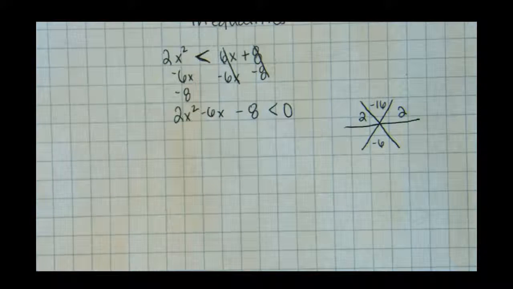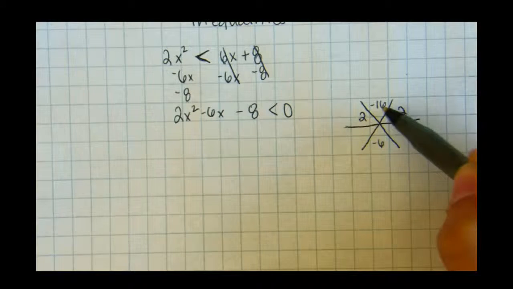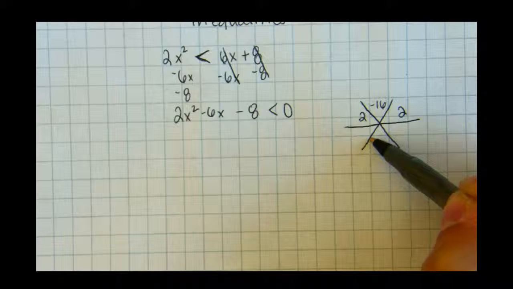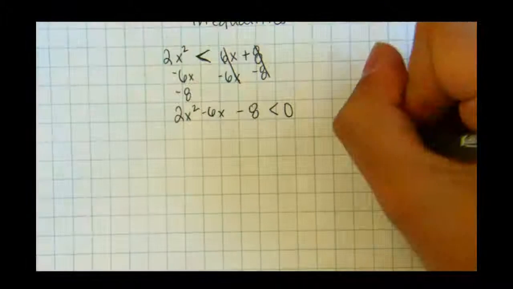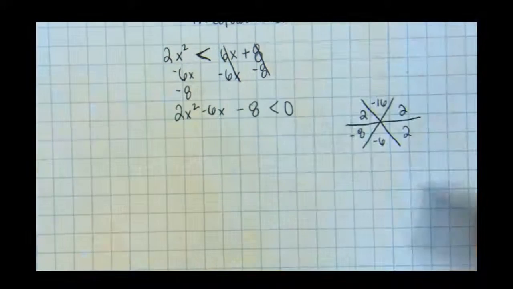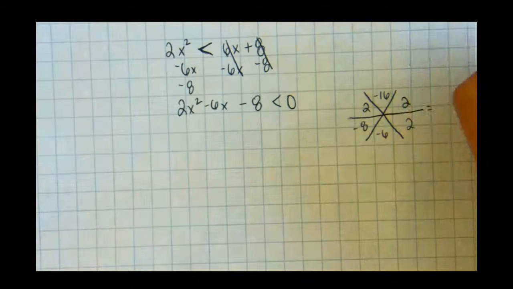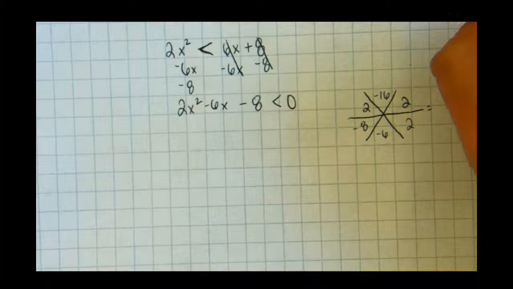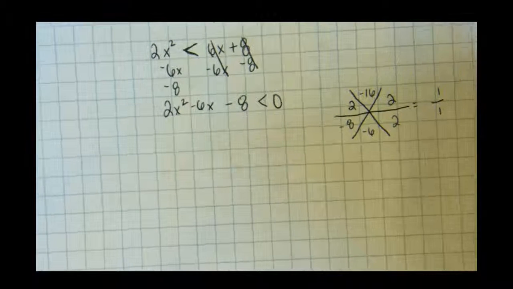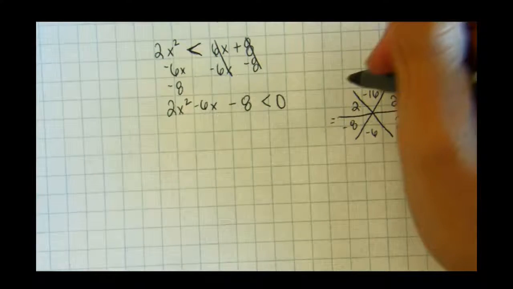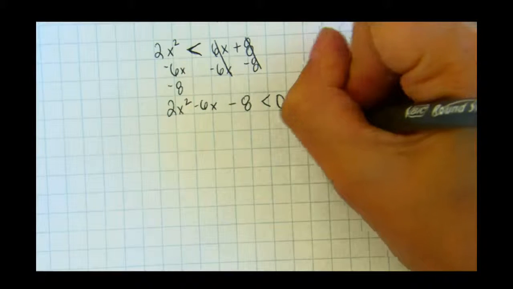Think about what are two values that will multiply to a negative 16 and add to a negative 6. You should end up with a negative 8 and a positive 2. I can simplify both of these fractions, so 2 over 2, that's going to leave me with 1 over 1. And 2 over negative 8, that's going to leave me with a 1 over a negative 4.